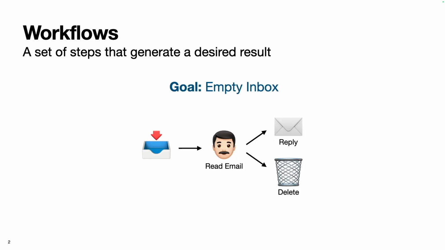While this is a very simple example, the point is that we all use workflows every single day. And the value of explicitly defining workflows, no matter how simple they may seem, is that this is what allows us to create automations. For example, if I wanted to automate my email workflow, it might look something like this.